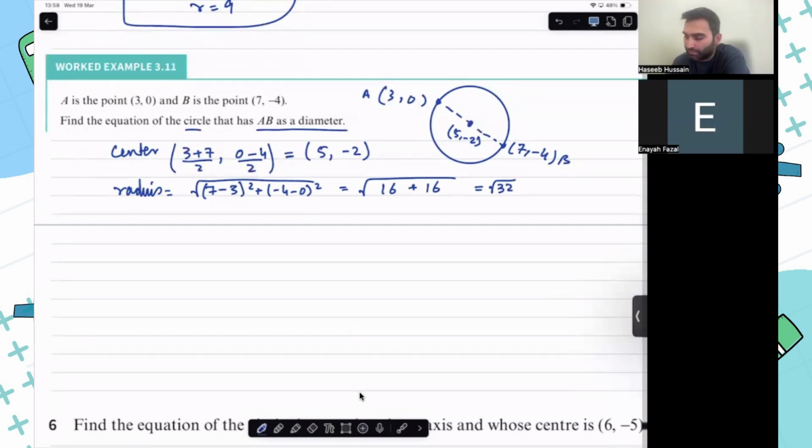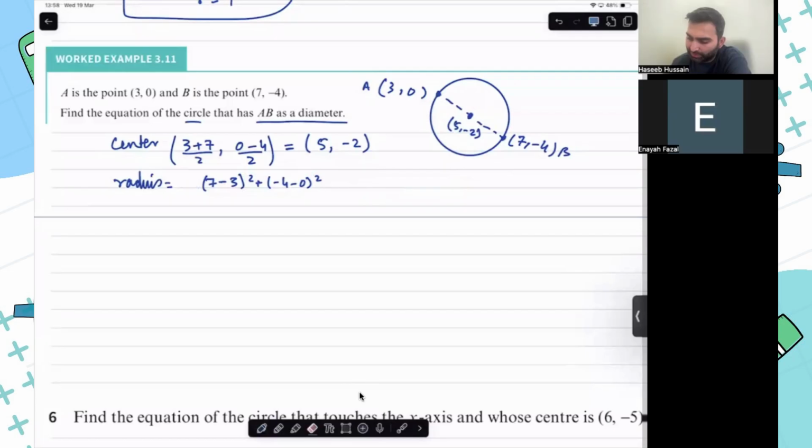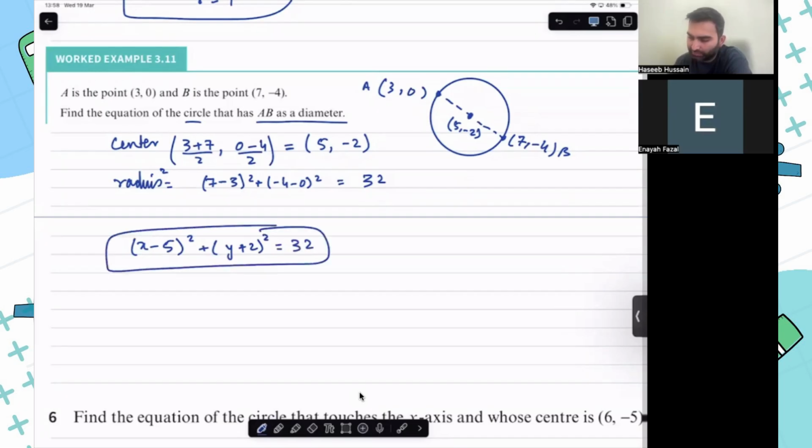So root 32 is basically 4 root 2. But to find the equation of the circle, we don't even need that. If I take the square of the radius, that would be simply 32. So center is 5, negative 2. So x minus 5 whole square plus y plus 2 whole square equals r square, which is 32. Get it?